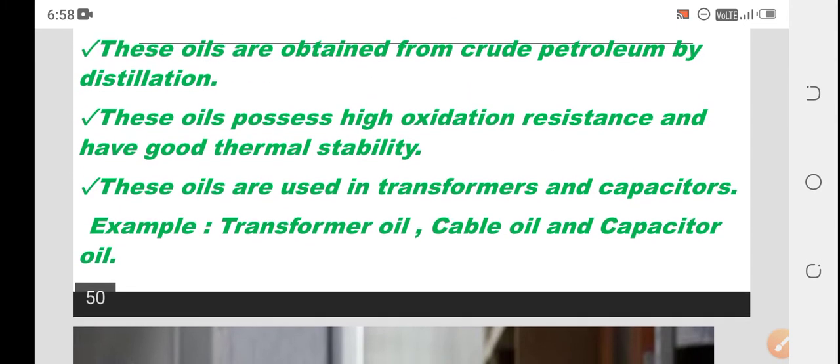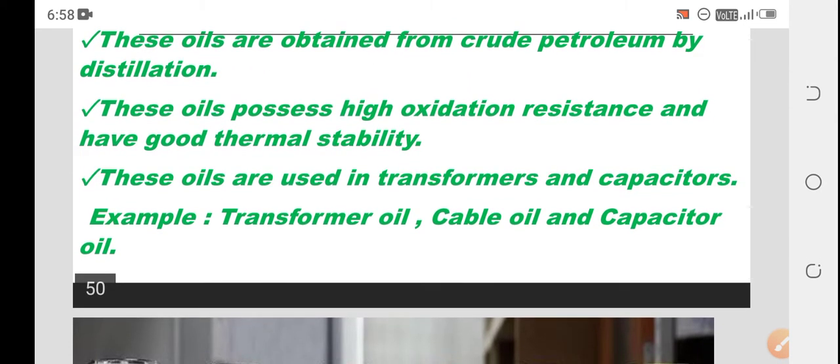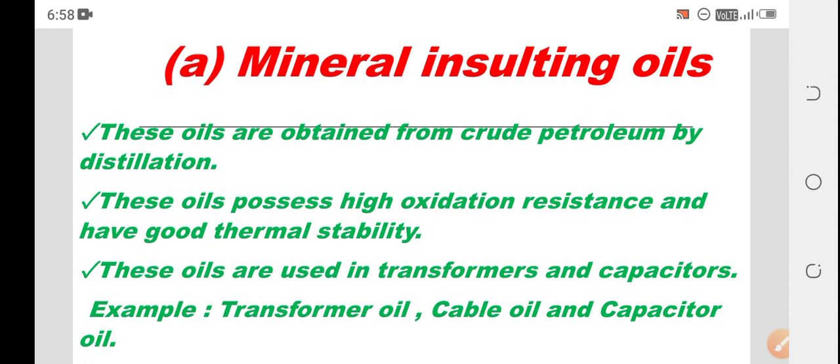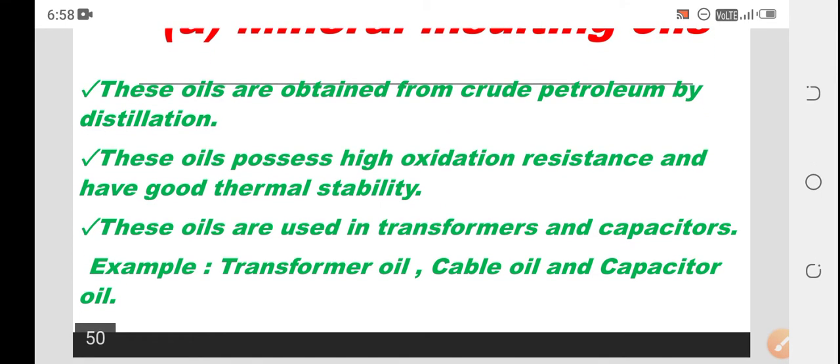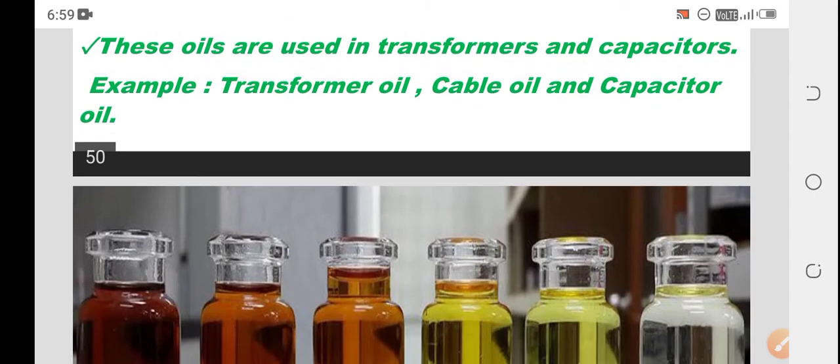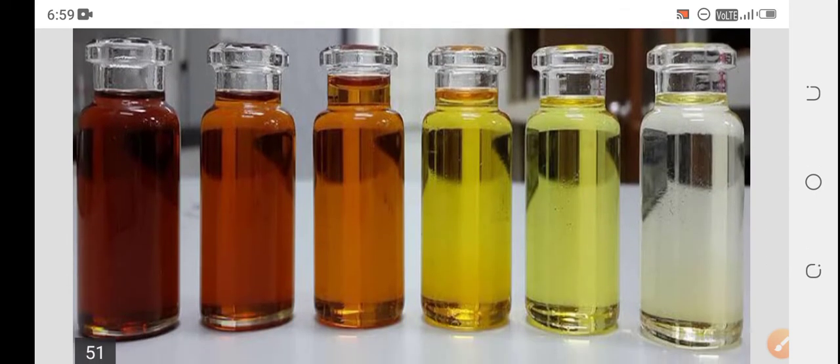These oils are used in transformers and capacitors. Examples of mineral insulating oil are transformer oil, cable oil, capacitor oil. So this is a figure which I took from Google.